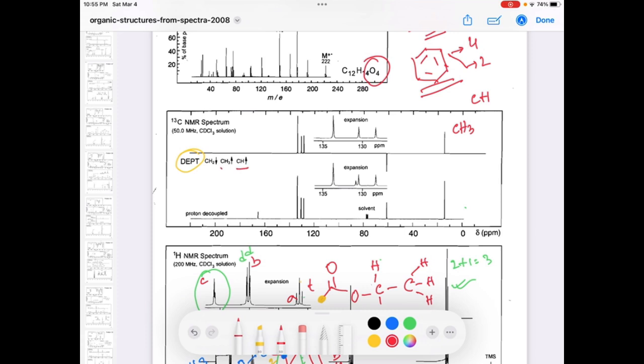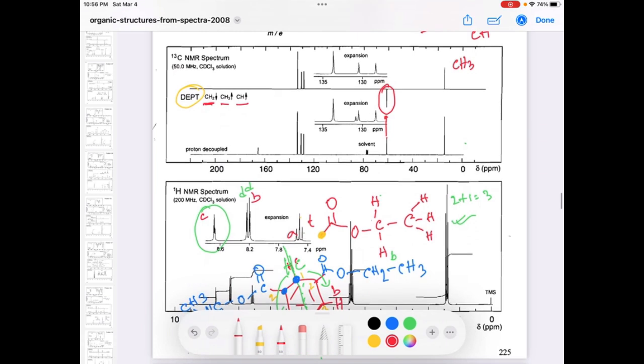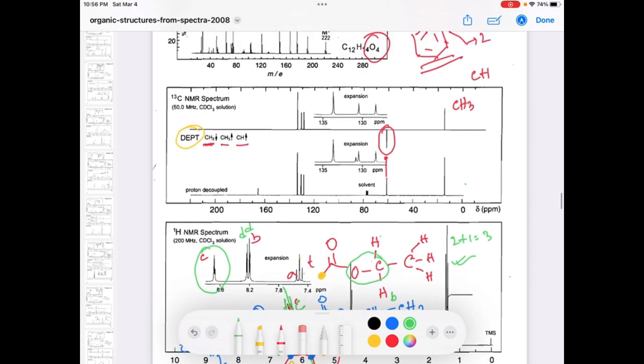So here you can see one CH2 because one peak is down, and that is this peak. That is the proof that this carbon is next to the oxygen. So the carbon next to the oxygen is a CH2 peak, and this is around 50 to 60. So you have a CH2 peak, and all the aromatic carbons are up here.